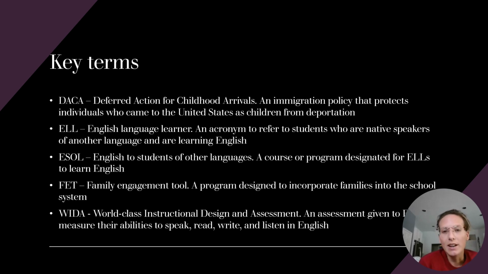If you ever see that, that would be a student who was born in the United States, but maybe their family was here illegally. These children have some sort of legal protection from deportation. So their parents still may be subject to deportation, but these children are protected and they can stay here in the United States.